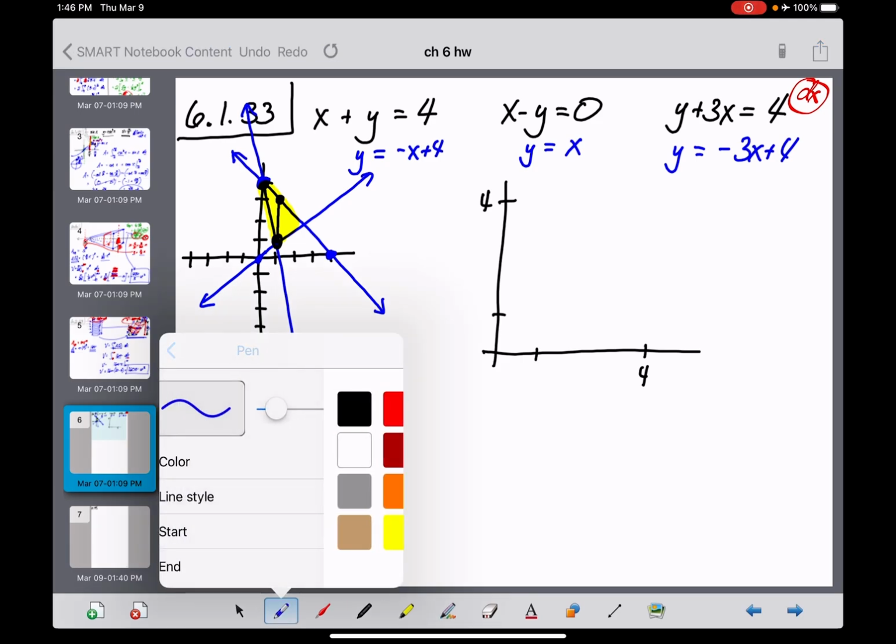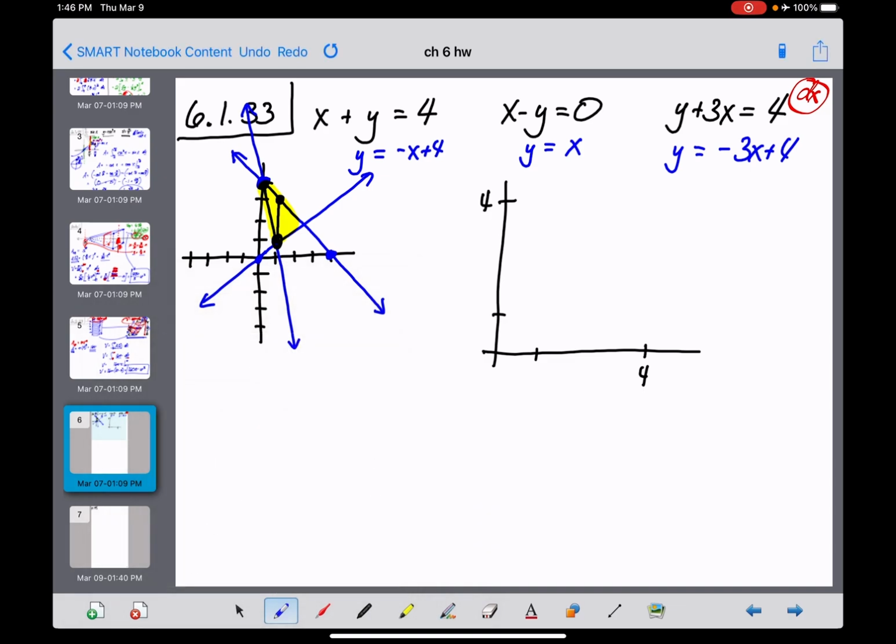If I redraw that a little larger, we had a line coming down to this point right here, and then one coming out of the origin, hitting that same point of (1, 1). So maybe that's a little bit easier to see.